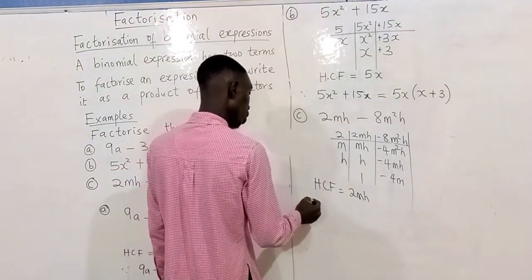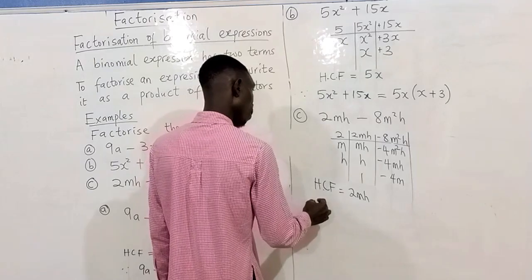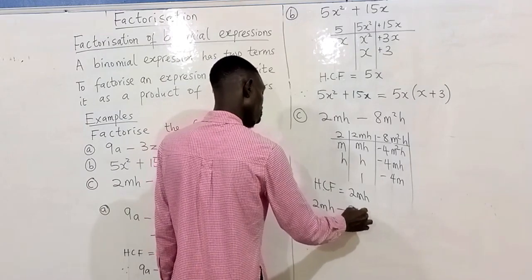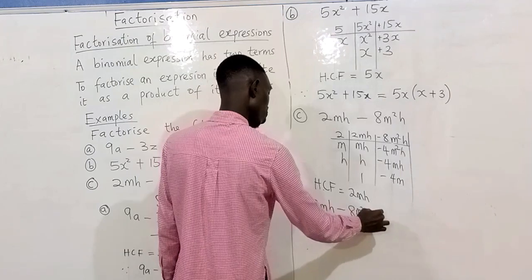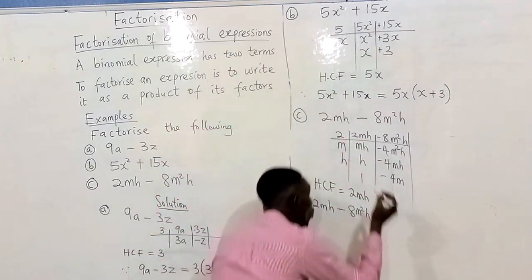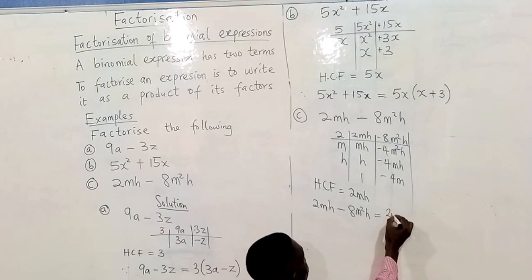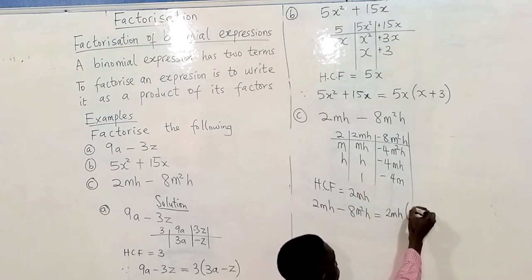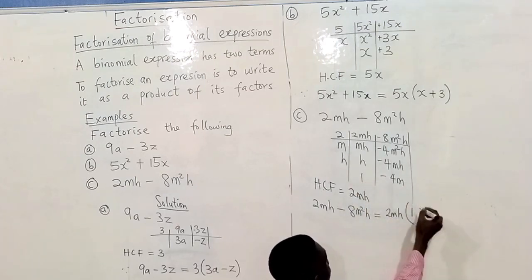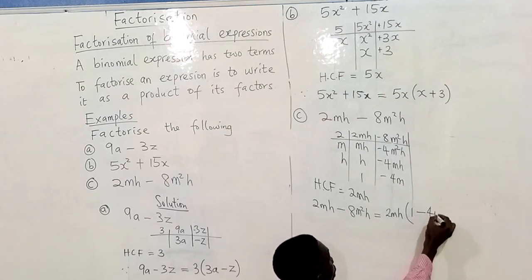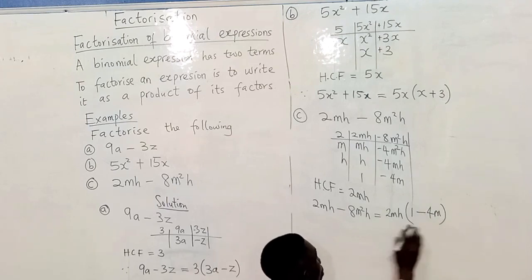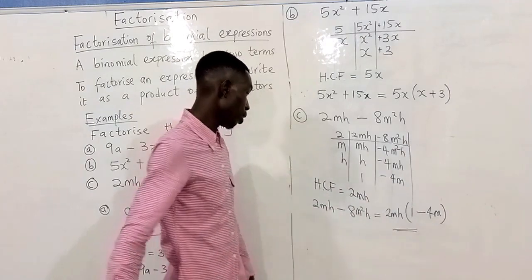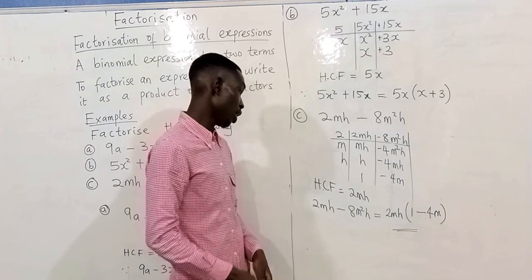So with this, our factors become the HCF, which becomes a factor, 2mh, into what we have here left, 1, and minus 4m in bracket. So these are the two factors of this binomial expression.